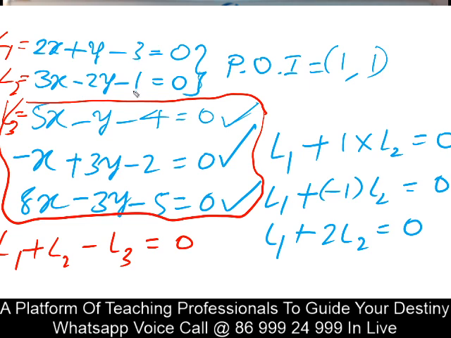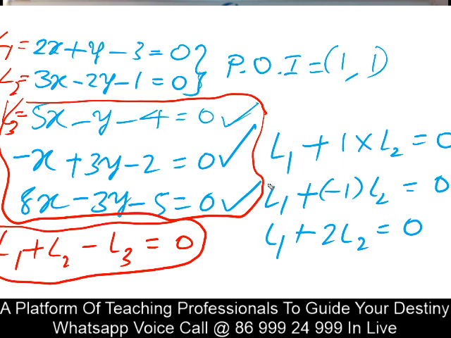Minus 3 minus 1, minus 4, plus 4, cancel. So if you can get such a relation between three lines, then you can confidently say that those three lines are concurrent.